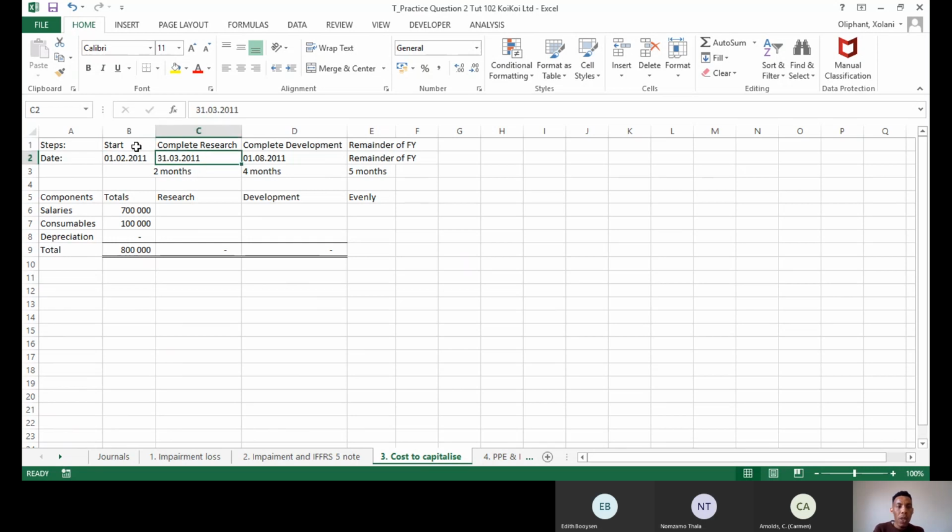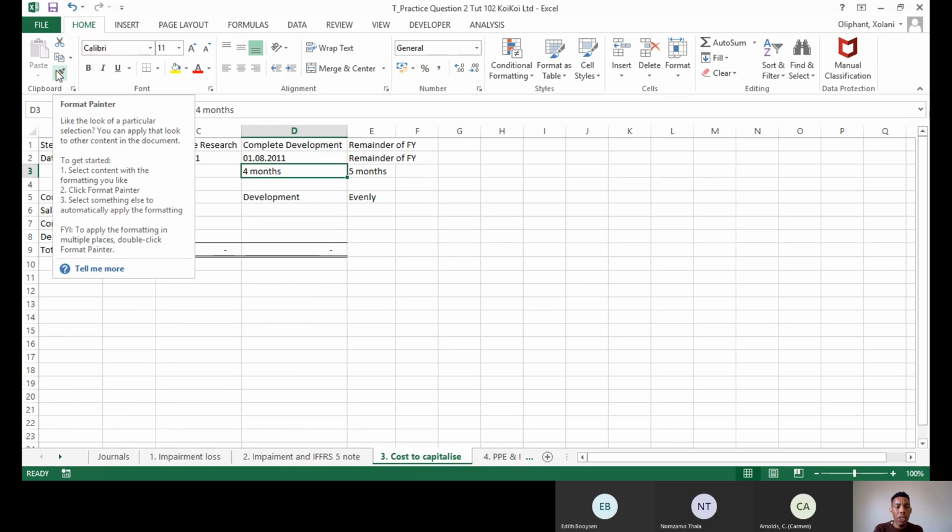I know that on the 31st of March 2011, research was completed. So it took them only 2 months to complete the research part. Now, after the research was completed, I know that the development phase was completed on the 1st of August 2011.